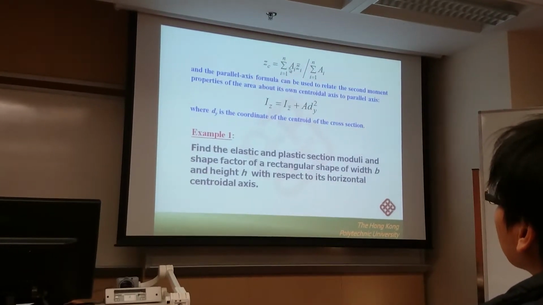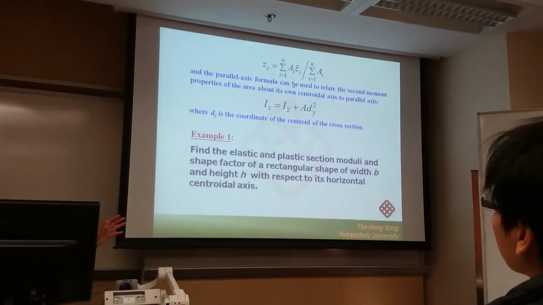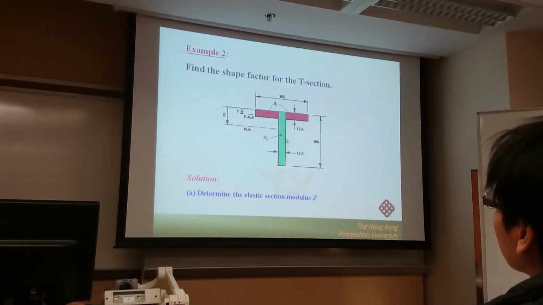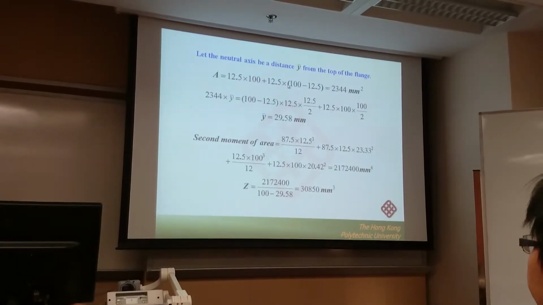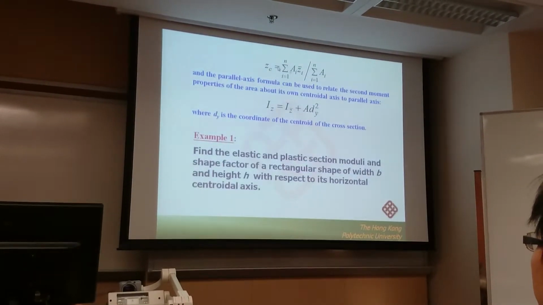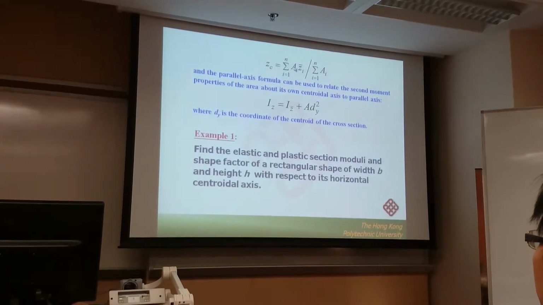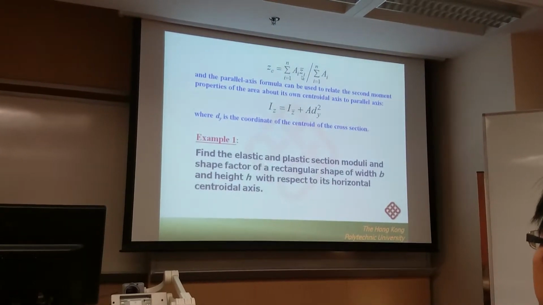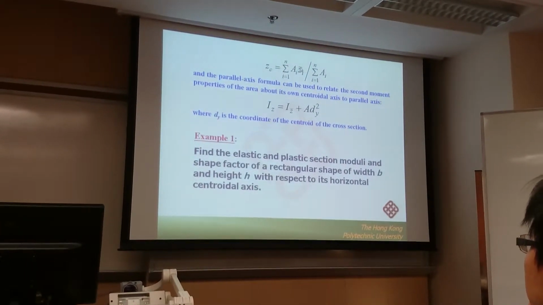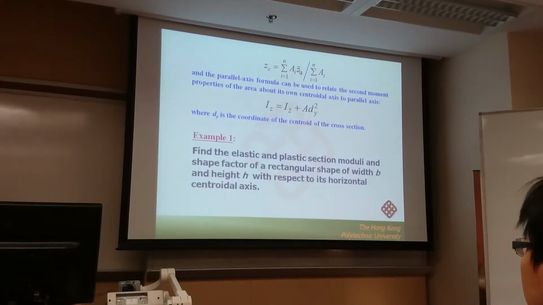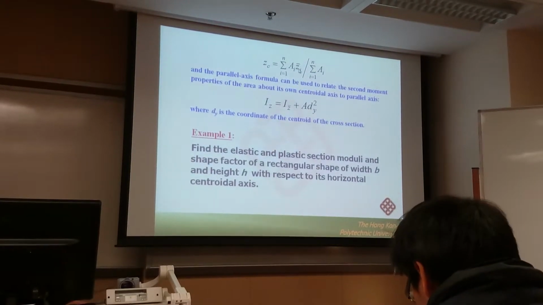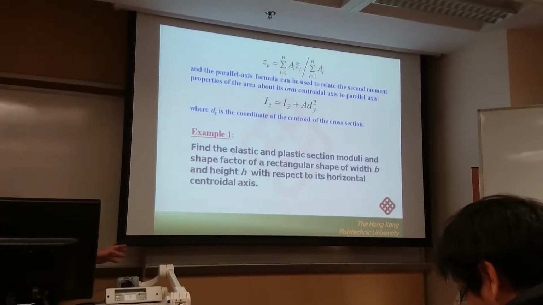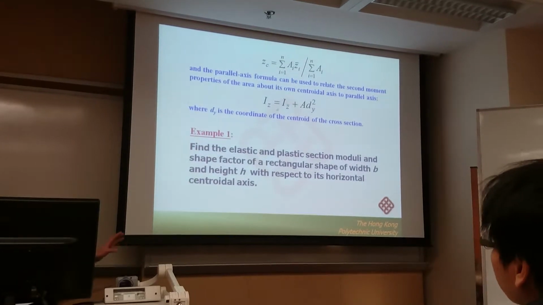You can divide the section into any number of subregions. For example, here we consider two subregions. For each subregion, we can obtain the area, and then we use this formula given here. We obtain the area of each subregion times the distance between the centroid of the subregion to the location of the neutral axis.